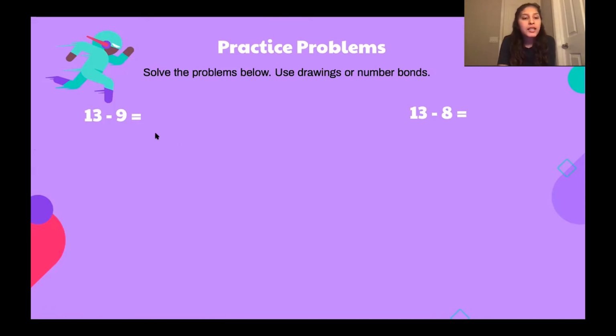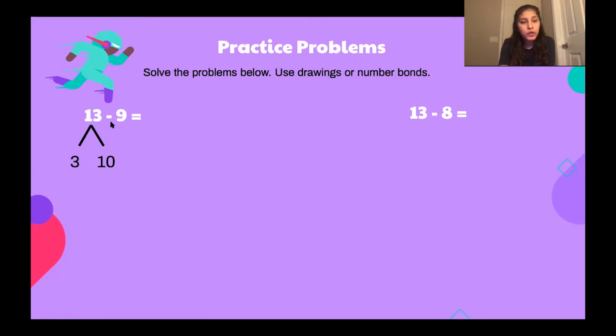Now, let's do 13 minus 9. I'm going to go ahead and use the number bond strategy for this one. So here we go. I'm going to decompose the 13 because I'm subtracting 9. So I know that 13 can be decomposed into 3 and 10. So 3 and 10 are the number bonds.